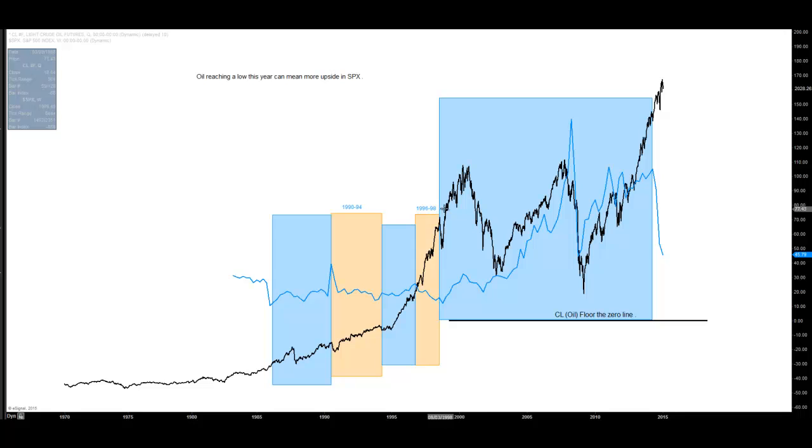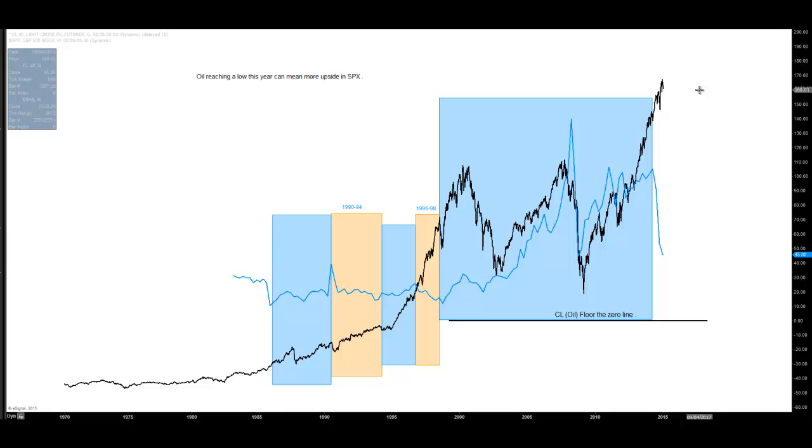It also needs to be pointed out that since the middle of 2014, oil has been trading in what looks to be inverse to the S&P, but it is not inverse. It is in what we call the other dimension of the market.